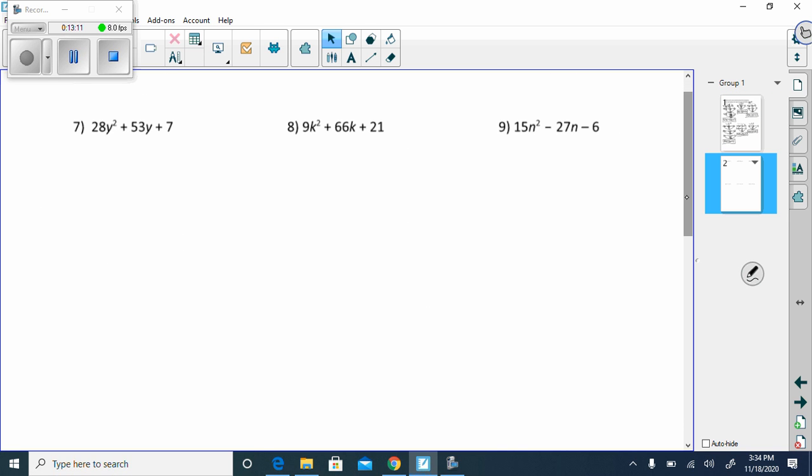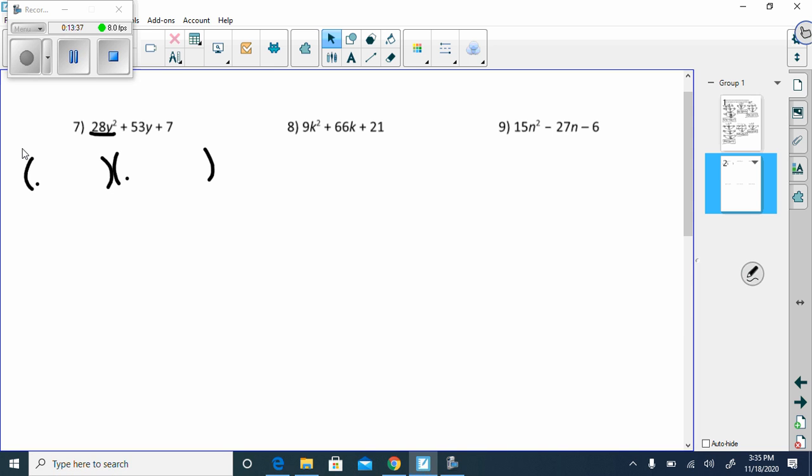So, number 7, we've got 28y squared plus 53y plus 7. So there is no GCF here, so I have to go ahead and try and come up with what should go in my parentheses. So I'm thinking whatever I'm putting in the front of my parentheses has to multiply to give me 28y squared.